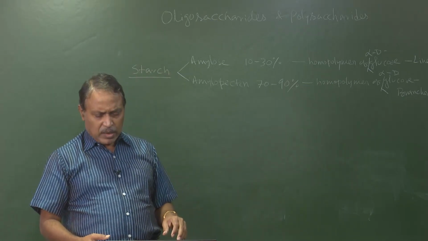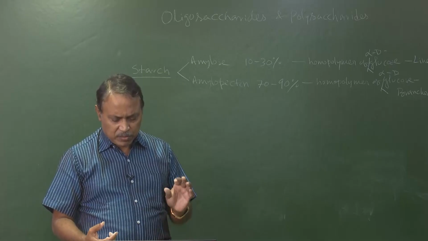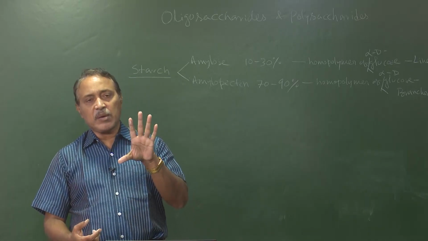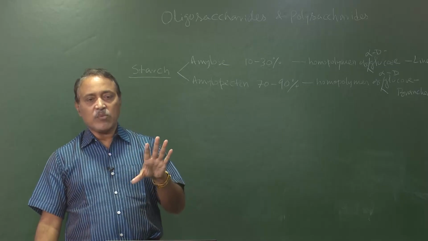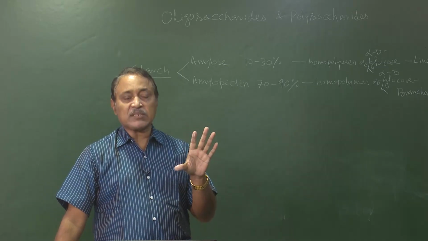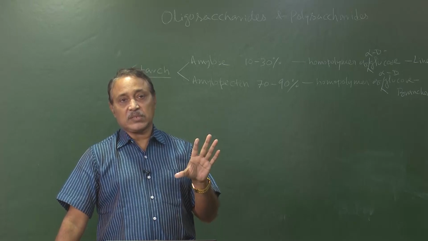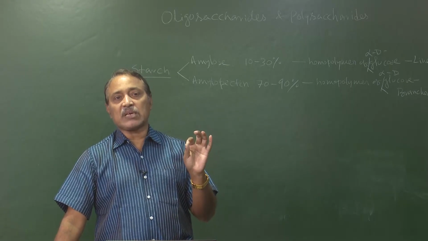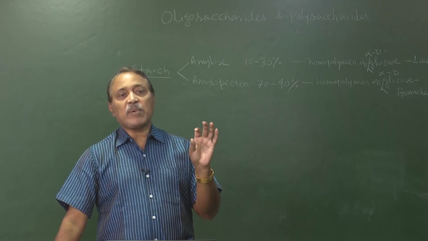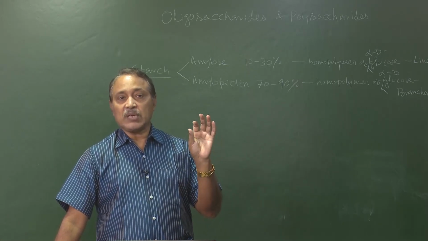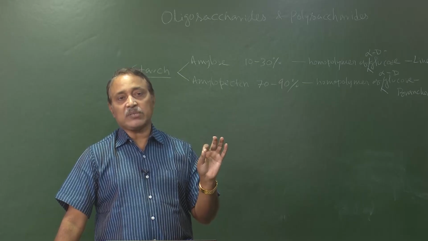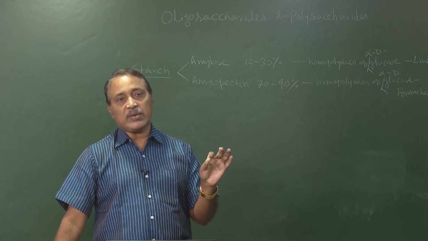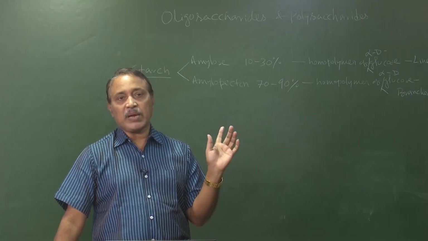So the major difference between amylose and amylopectin is that one is branched, another is unbranched. This is the most important thing. And second, if we test chemically, amylose will produce a blue color when added with iodine solution. The same iodine solution will yield a red-violet color in the case of amylopectin.